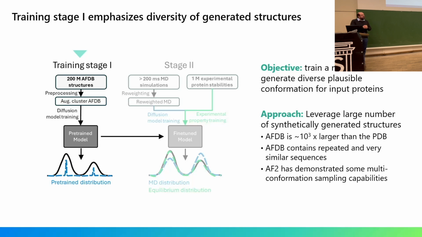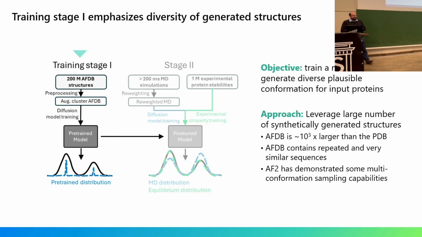There we encounter the first difficulty because usually for these applications you use the protein database for training. This protein database is not very diverse in a conformational sense. So what we use as an approach instead, we leverage this AlphaFold DB database, which was synthetically generated by the AlphaFold model as a starting model for training.